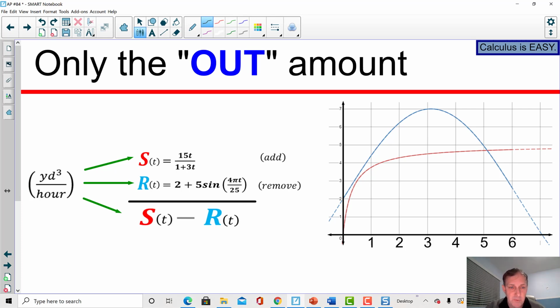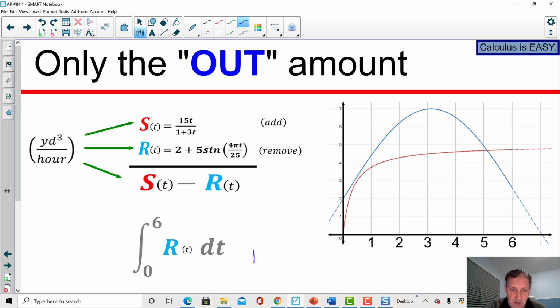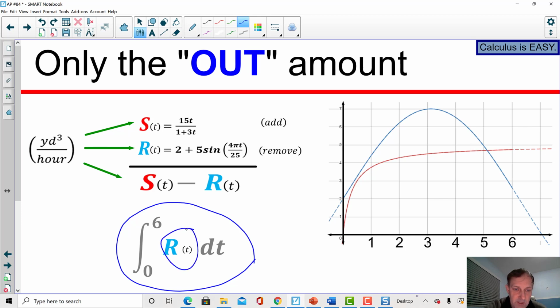Now, we're also about to do an example where they just want to find out one thing. They might just want to find out the out amount. So let's say from 0 to 6, how much was removed, and that's it, just the amount that was removed. Well, if I just wanted the amount removed, I would have to do the integral from 0 to 6 of the remove function, which is r of t. Remember, the r of t function has units of cubic yards per hour.